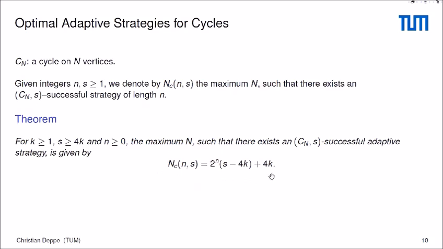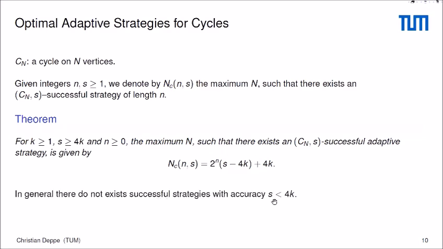That means you split your objects into two halves and ask for one half. After this, you get a new number of possible positions and you split them again. So it's like a generalized binary splitting algorithm. We can show that this splitting algorithm is optimal, and that gives the maximal number of positions n. Furthermore, we showed that an accuracy smaller than 4k is not possible.